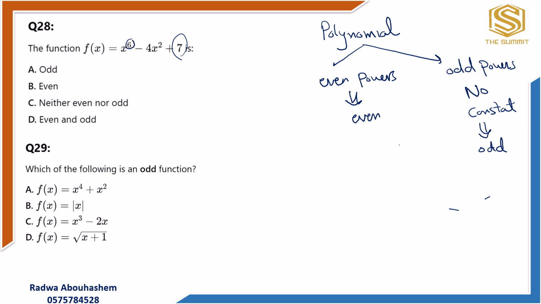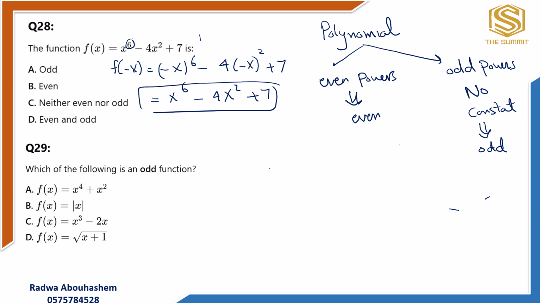So here, even powers, and so it's even. Let me recheck again. Function of negative x equals negative x power 6 minus 4 times negative x power 2 plus 7. Of course, the even power cancels the negative, so it will be x power 6 minus 4x power 2 plus 7, still the same. So yes, it's even. This is a trick only for polynomial functions, okay?